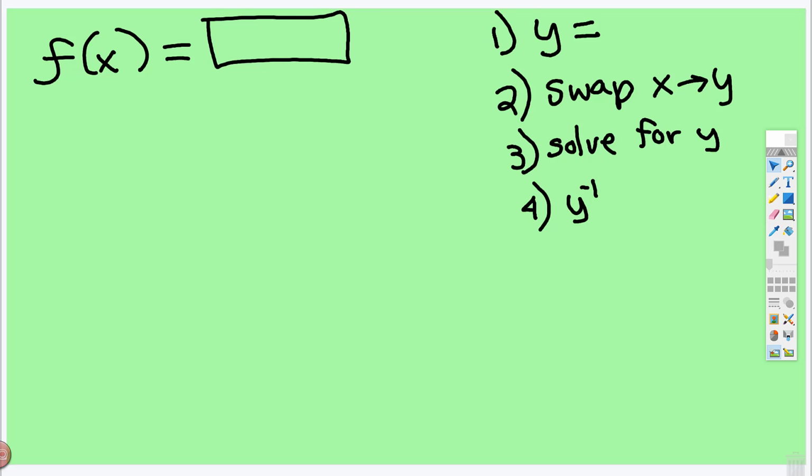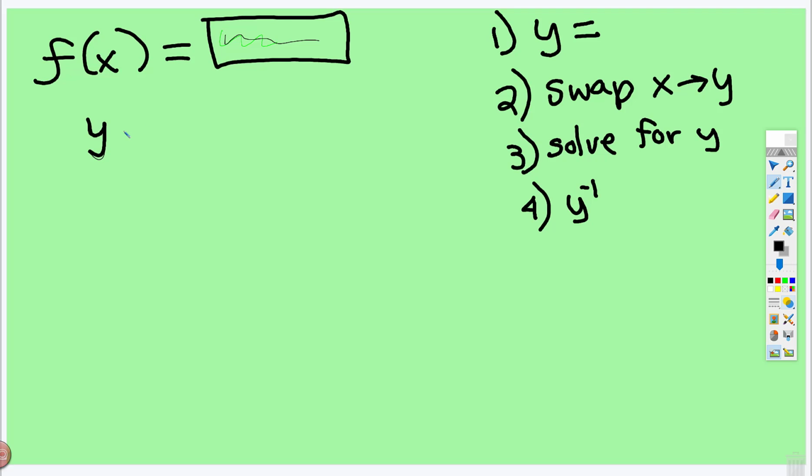So here are the steps to finding an inverse. If you are given an f of x equals some stuff, you first rewrite f of x as y, then you're going to swap the y's and the x's.